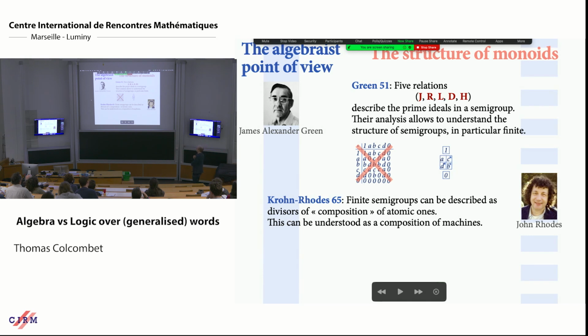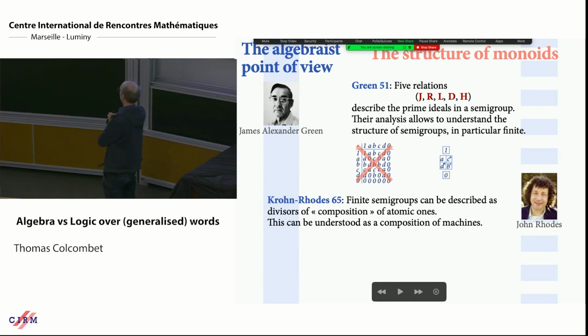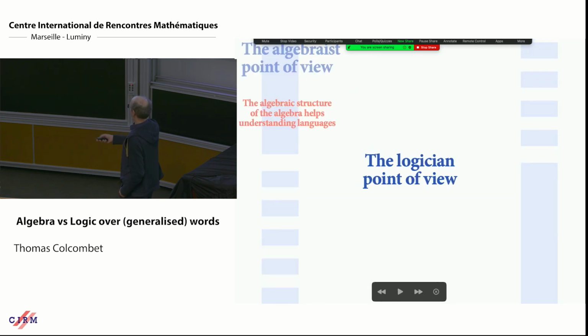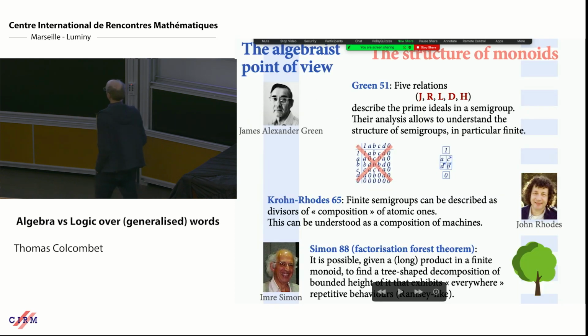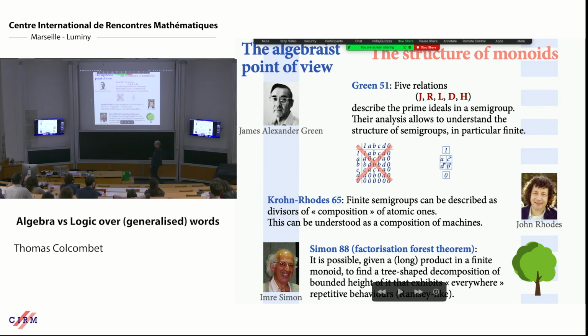There is this famous result of Krohn-Rhodes, which essentially says if you have some regular computation, you can describe it as a cascade of simpler ones. And another one that I like is the Simon factorization forest theorem, which essentially says the following thing.